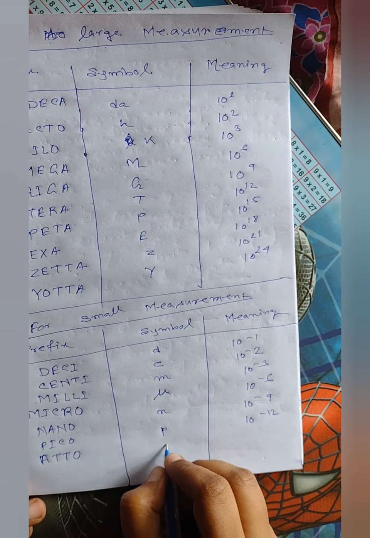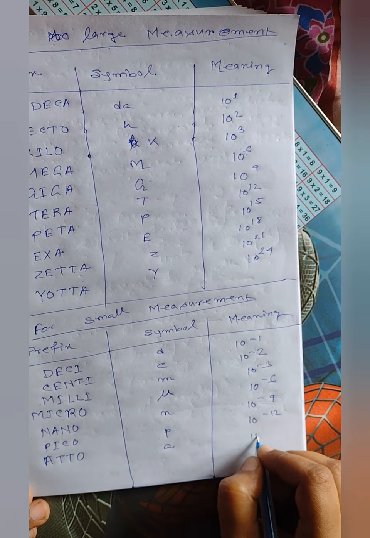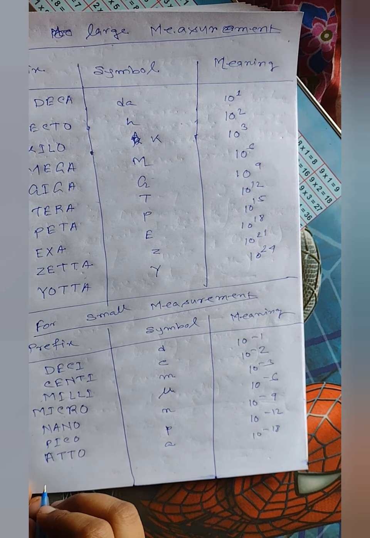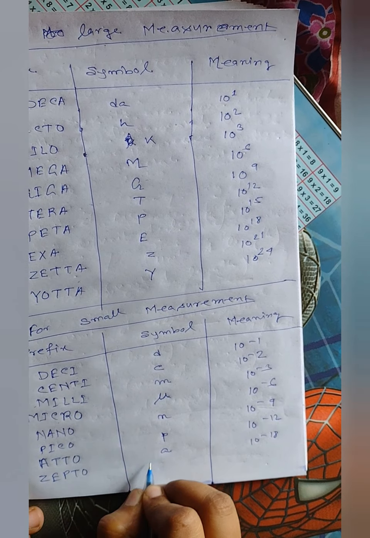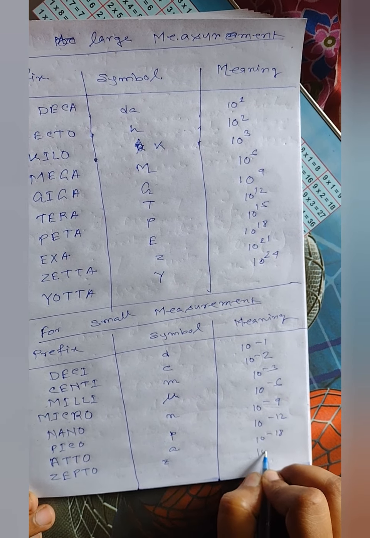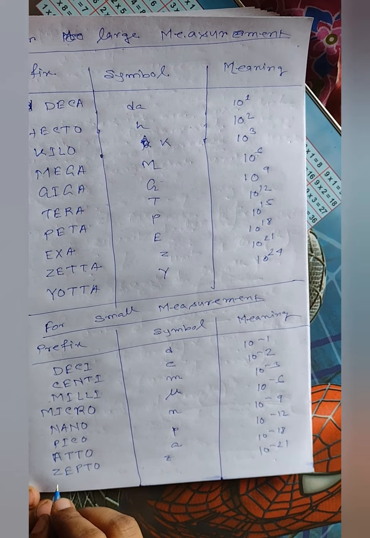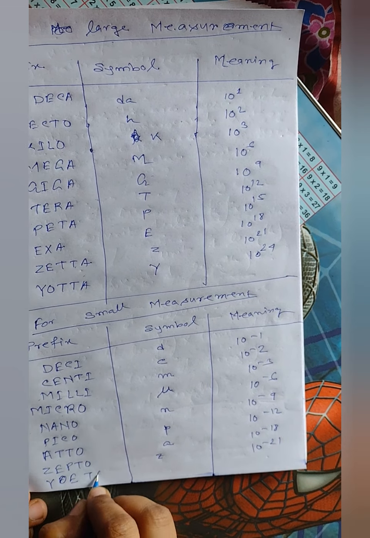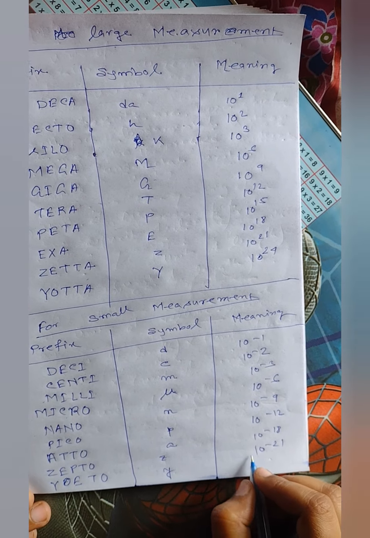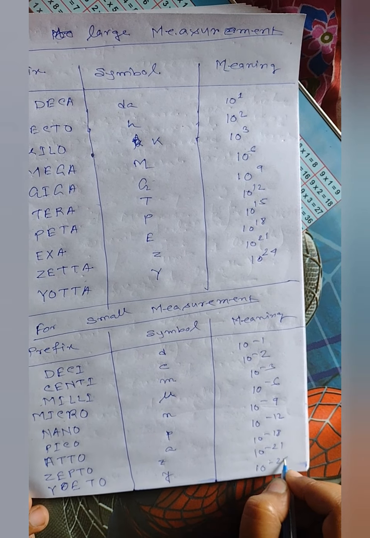Atto, a, 10 to the power minus 18. Zepto, z, 10 to the power minus 21. Yocto, small y, 10 to the power minus 24.